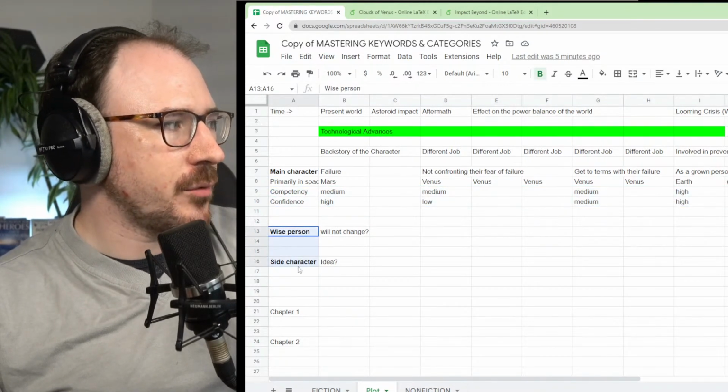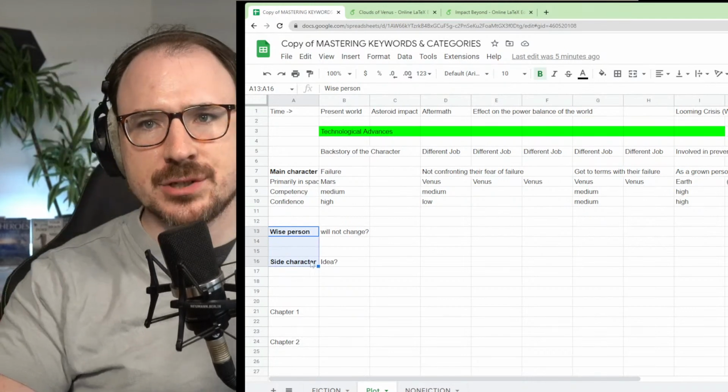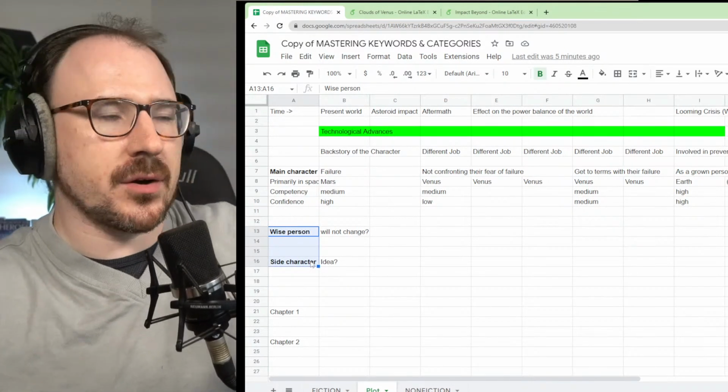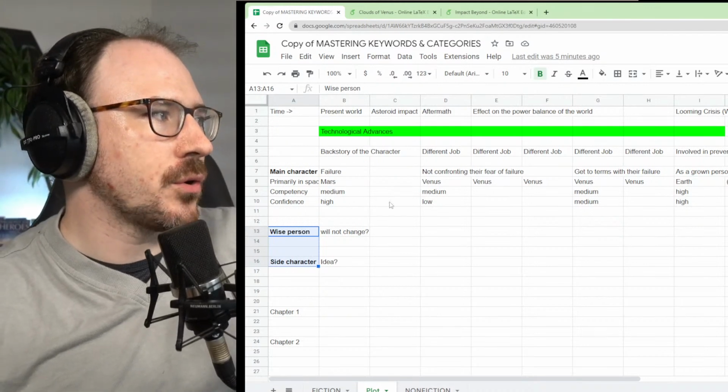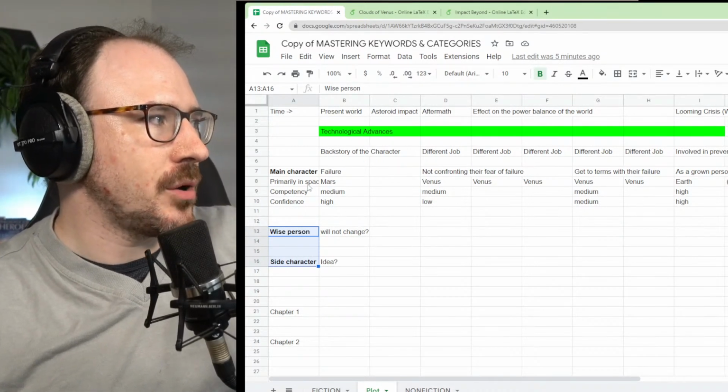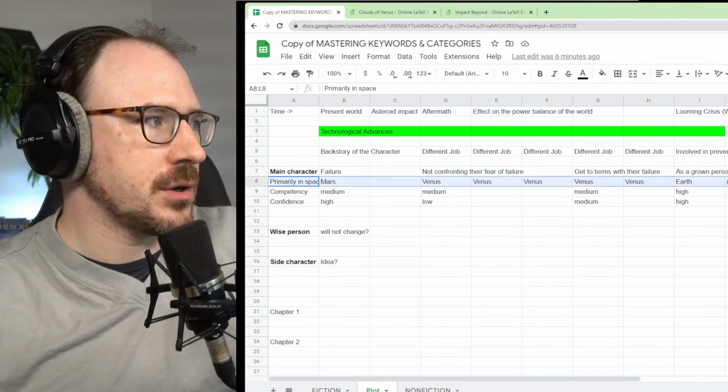And what we didn't do last time is additional characters. We still have to figure out what we need in that regard. And we also inserted some locations. So there's all those locations.